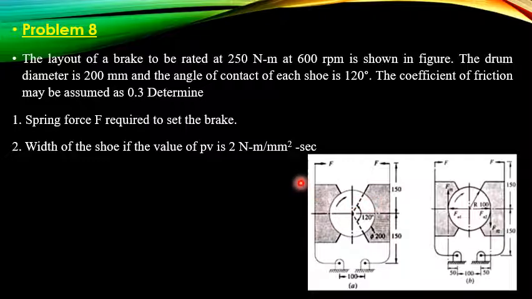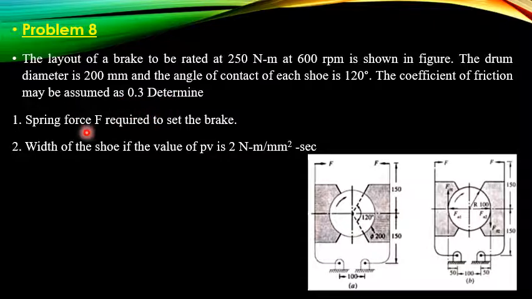So here the value of the torque is given as 250 newton meter, the rpm is given, the diameter of the drum is 200 mm, and the angle of contact of the block is 120 degrees, that is 2θ. As well as the coefficient of friction is given as 0.3.